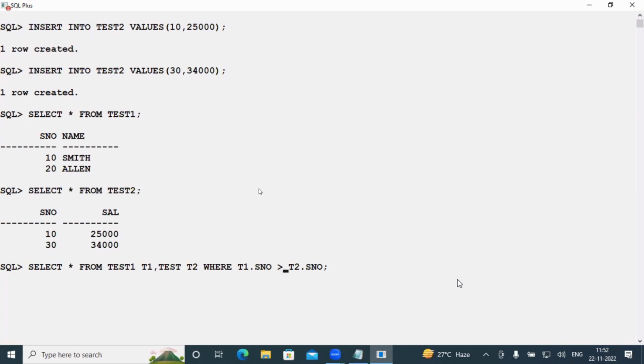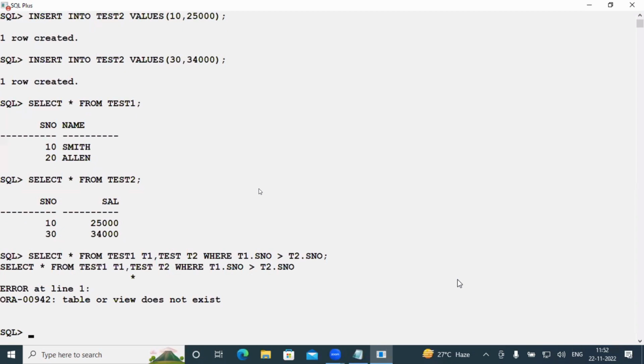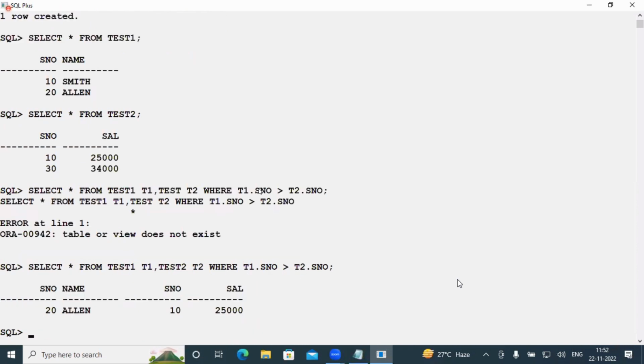Now we can see it will be getting here. This is a wrong spelling, test2. So 20 and 10 came out.